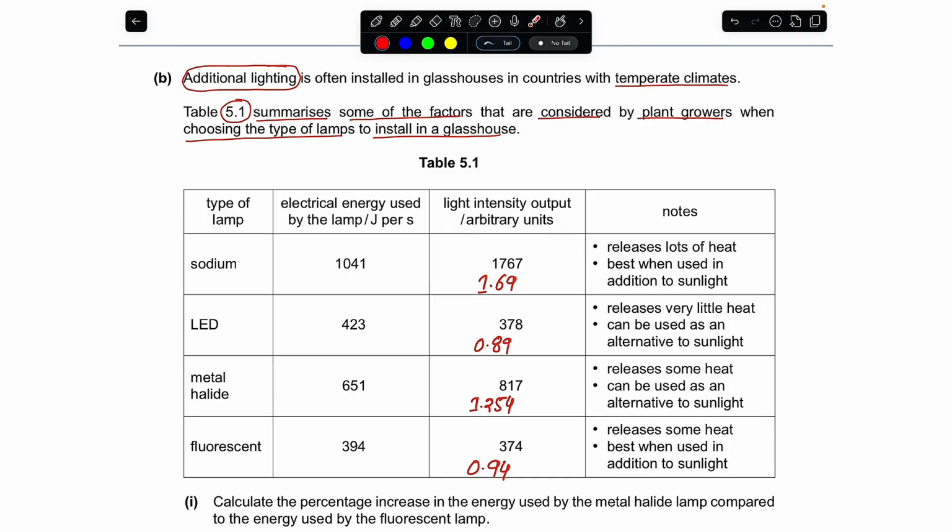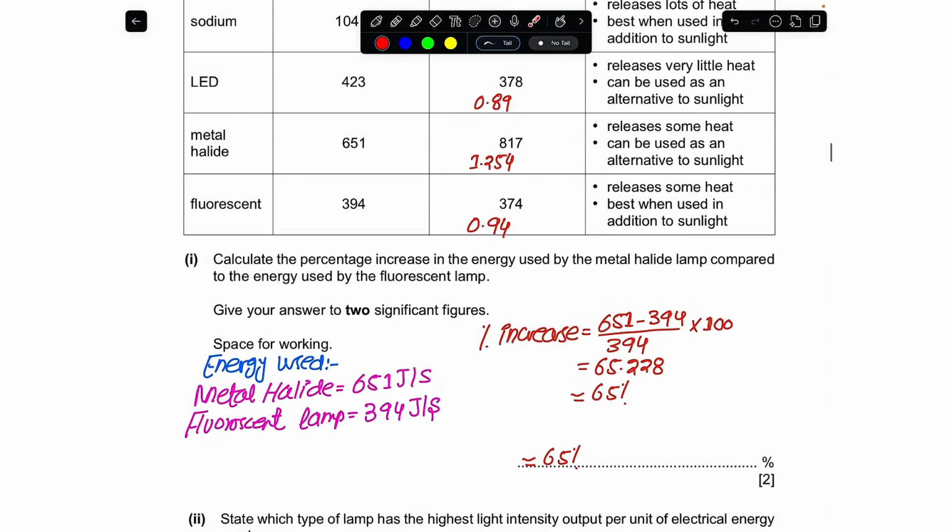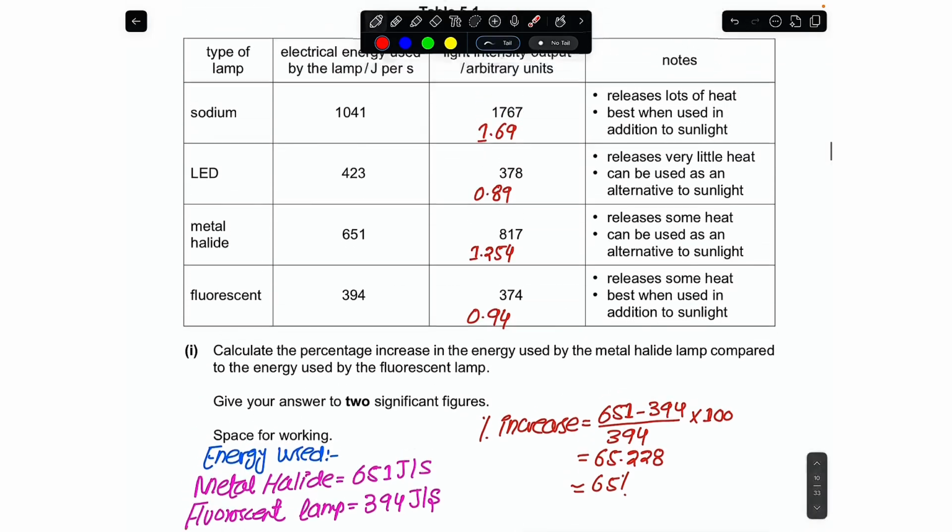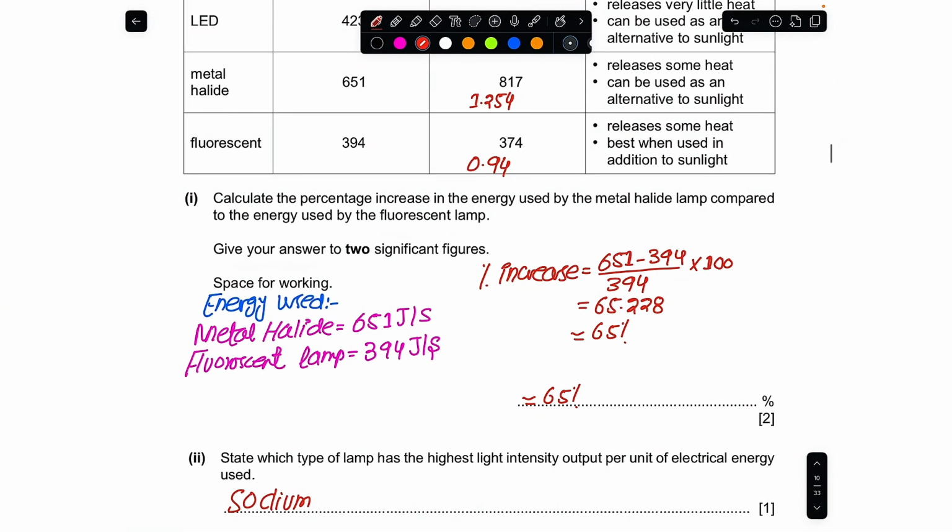We would have to go toward the question first. For 2 marks, this is a mathematical calculation, and they ask us to calculate the percentage increase in the energy used by the metal halide lamp compared to the energy used by the fluorescent lamp, and our answer should be to two significant figures.